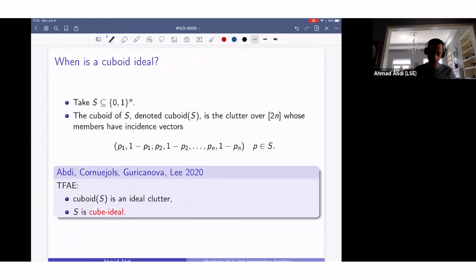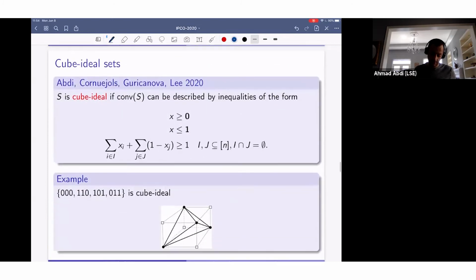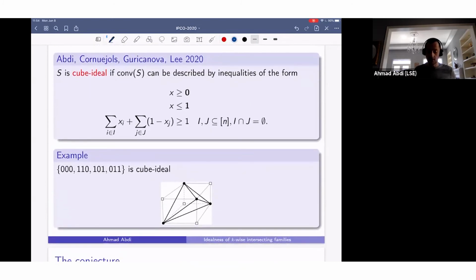How about idealness? There's this result that we proved a few years ago. A cuboid is an ideal clutter if and only if the subset of the hypercube you have is so-called cube ideal. And what is cube ideal? We'll say that a set is cube ideal if the convex hull can be described by generalized set covering inequalities.